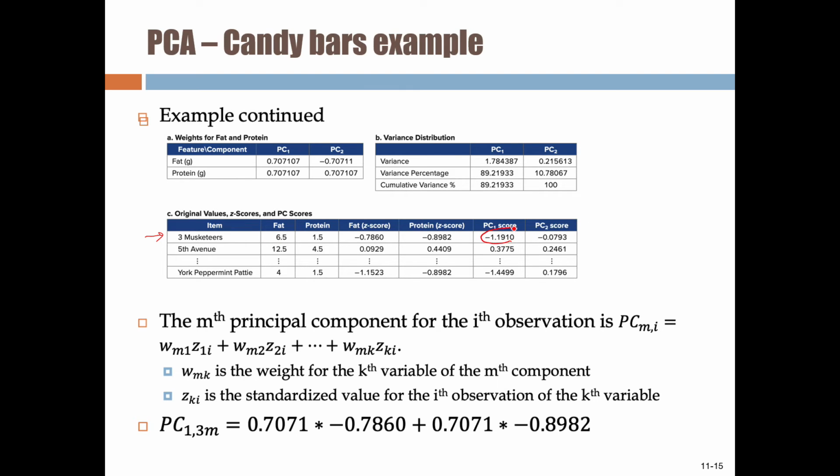The PC1 score, this minus 1.1910, is calculated as 0.707107 times fat plus 0.707107 times protein.